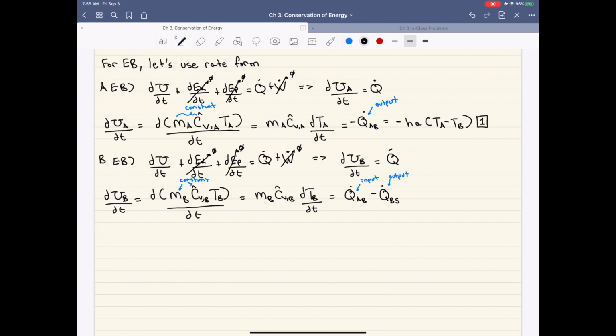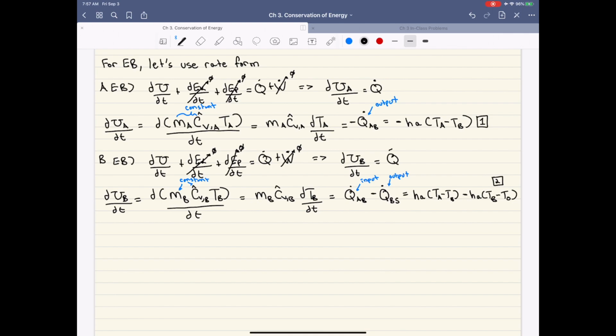And so those are the signs of the 2 different heats, and so when we plug in for them, we get positive HA (TA minus TB), and then minus HA (TB minus T naught). And so this is our energy balance for system B.